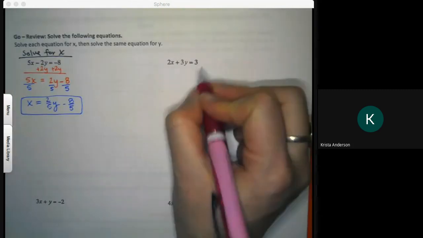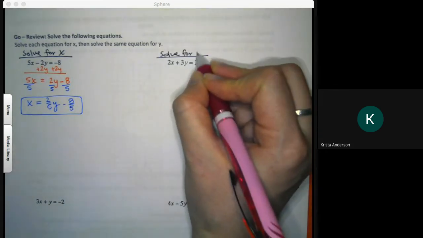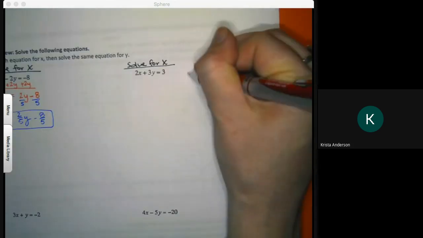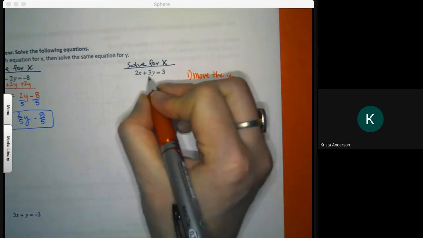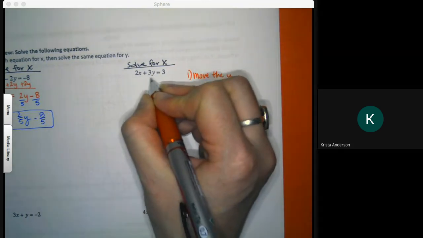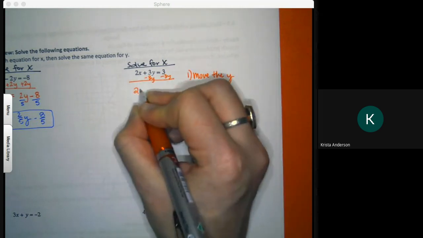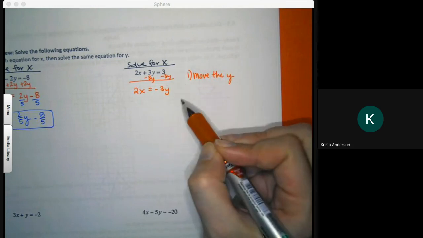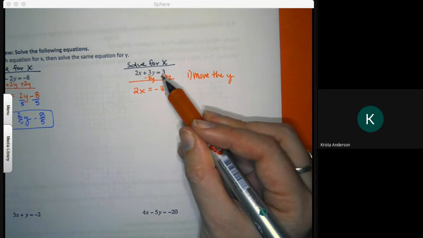We're going to solve this one for x as well. So my first step to solve for x is I want to move the y. To move the y, instead of a plus 3y, it'll change to a minus 3y on the other side. What type of 3 is attached to the minus 3y if it doesn't have a symbol on it?